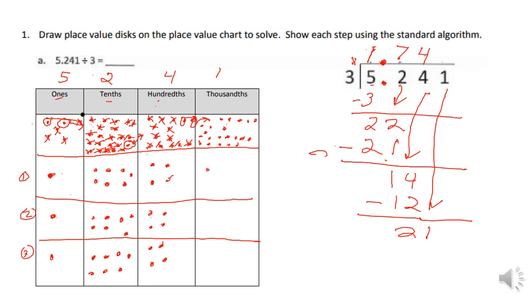Now, we're going to split these up evenly between the 3. 1, 2, 3, 4, 5, 6, 7, 8, 9, 10, 11, 12, 13, 14, 15, 16, 17, 18, 19, 20, and 21. So we can see that we ended up with 7 in each one.